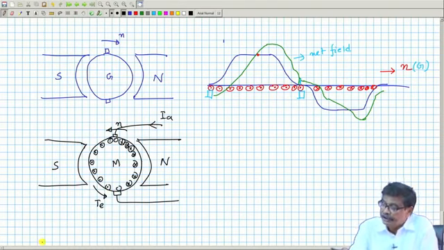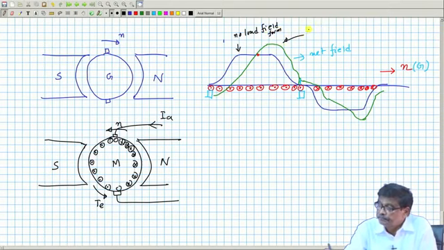Now, look at this diagram. This is the no load field form. This is the resultant field form.